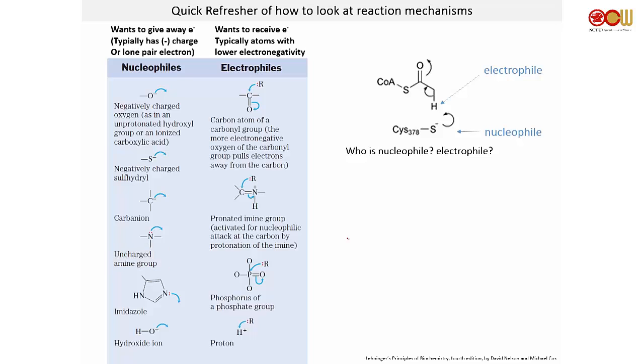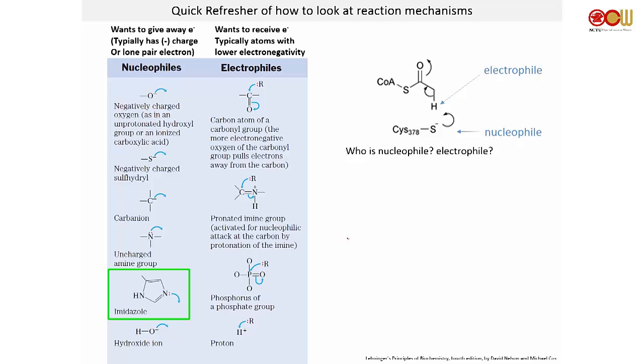This could be an amino group, or an amino group attached to something. Why is this a nucleophile? Because it has a lone pair of electrons. If you react an uncharged amine with something, then this nitrogen will have 4 bonds with 1 positive charge. Imidazole is the same thing.